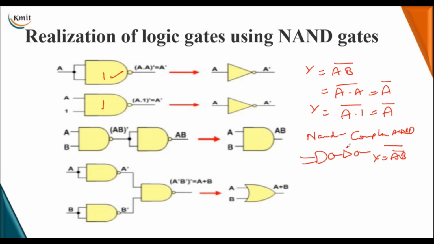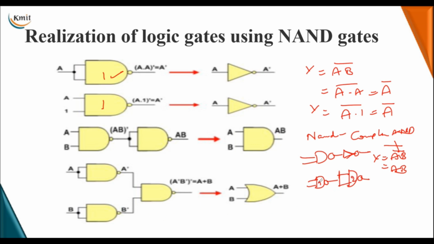Now we have a double bar, and double bars cancel, so we obtain AB. Now I design the circuit using only NAND gates by replacing the NOT with a NAND. So with two NAND gates we can implement the AND function.